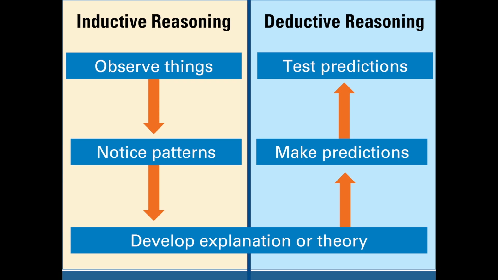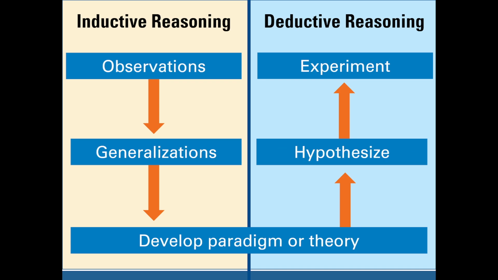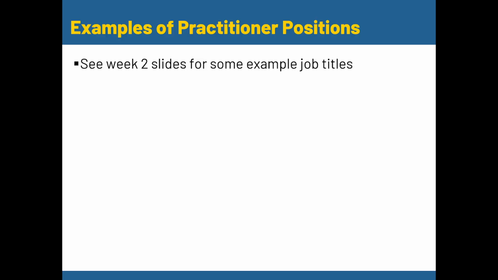The deductive piece oftentimes emphasizes rational thinking and logic, while inductive reasoning relies a lot more on intuition, but both certainly are valid, or I would argue both are valid when it comes to science and knowledge. This slide, same thing, just with more technical terms, if you'd like to look at it.